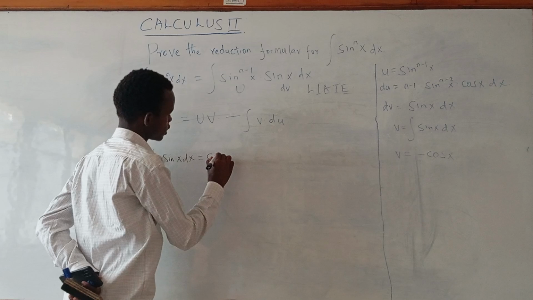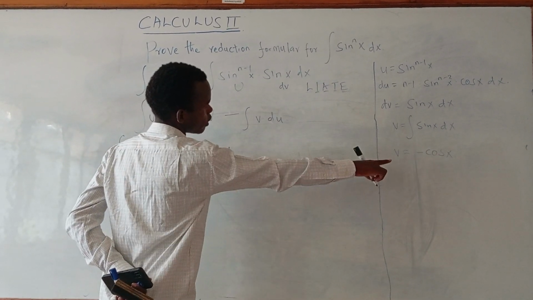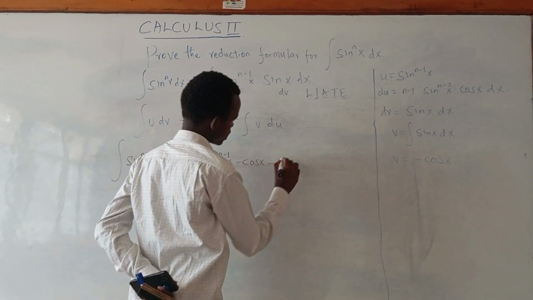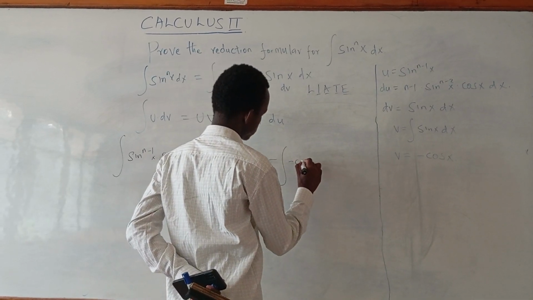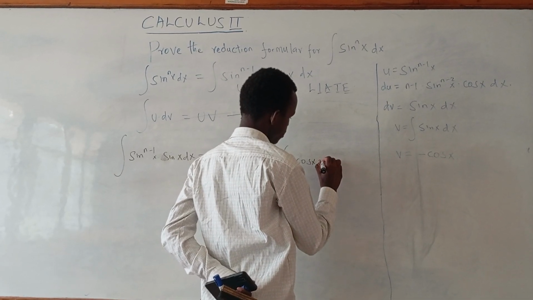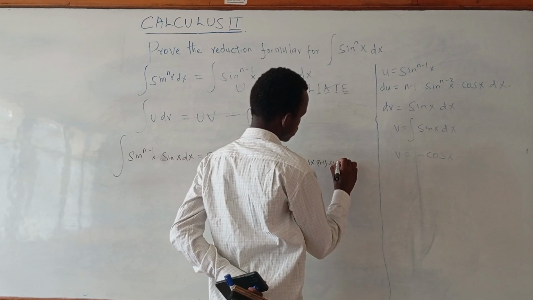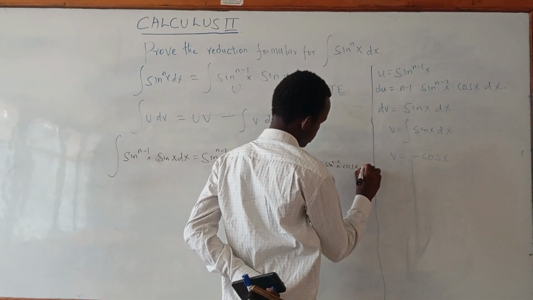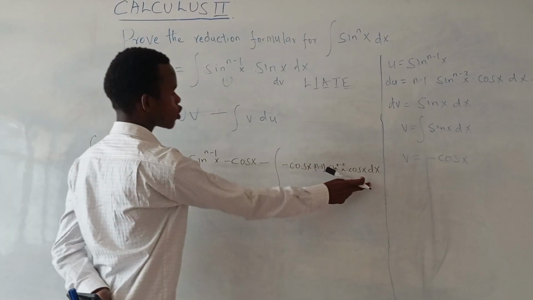Our u is sine to the n minus 1 of x multiplied by our v, negative cos of x, minus the integral of our v here, negative cos of x, multiplied by our du. This is our du: n minus 1 multiplied by sine to the n minus 2 of x multiplied by cos of x dx.